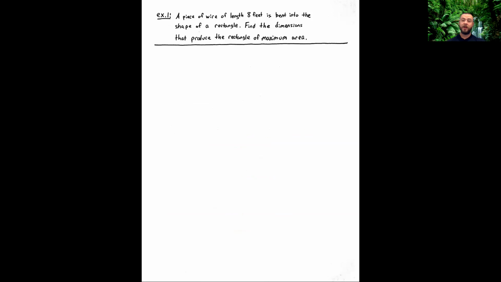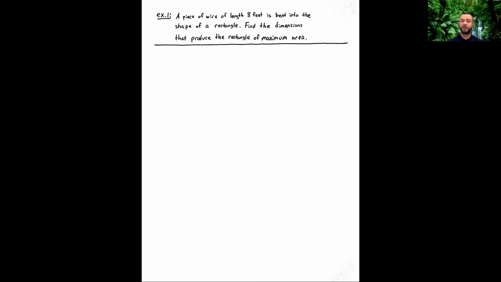Example 1 is a standard example that pretty much most Calculus 1 students encounter in some variation or something very similar. The question is: a piece of wire of length 8 feet is to be bent into the shape of a rectangle.